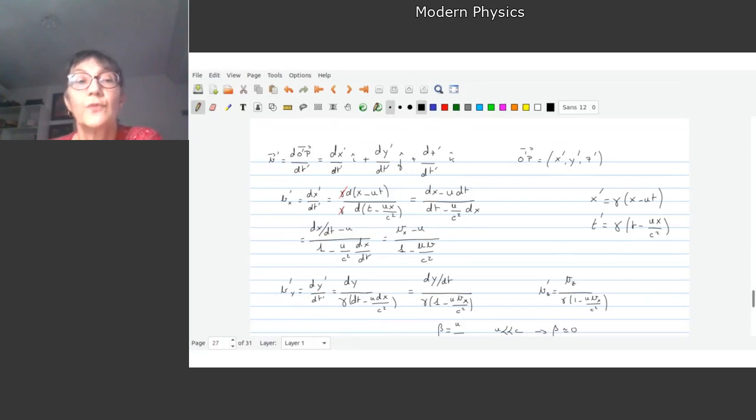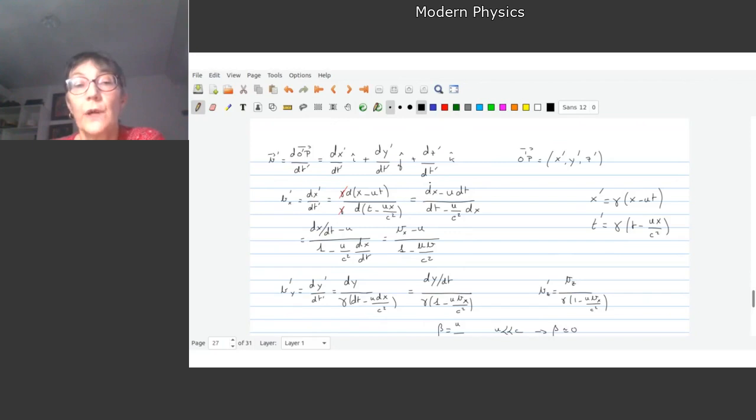You have position and time which depend on the frame, so you write it down. dx prime, you can write it as d of gamma (x minus ut). dt prime, you can write it as d of gamma (t minus ux over c square).